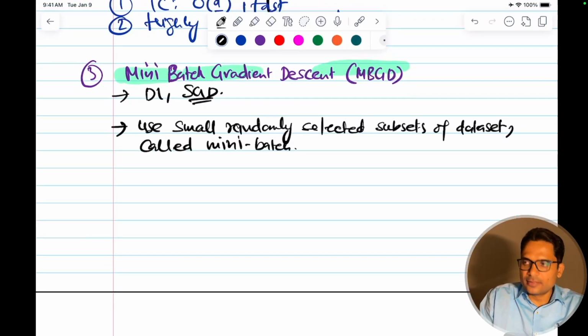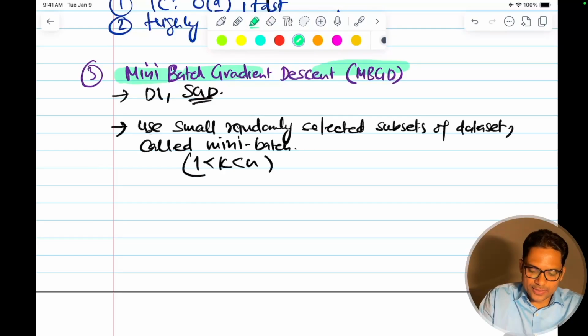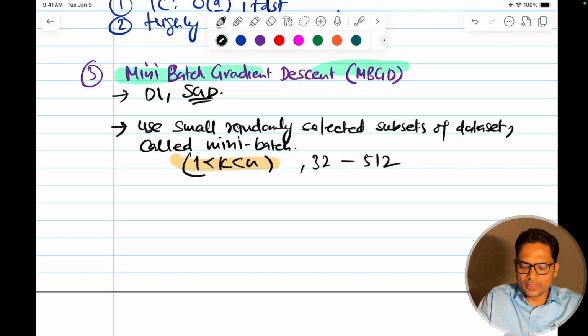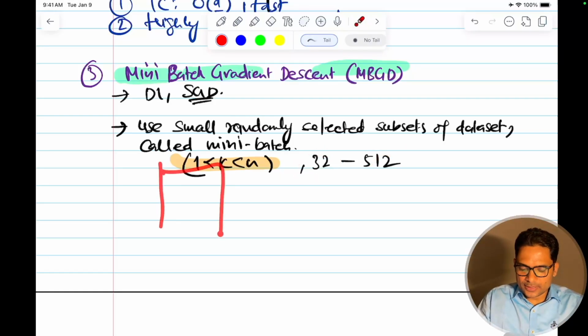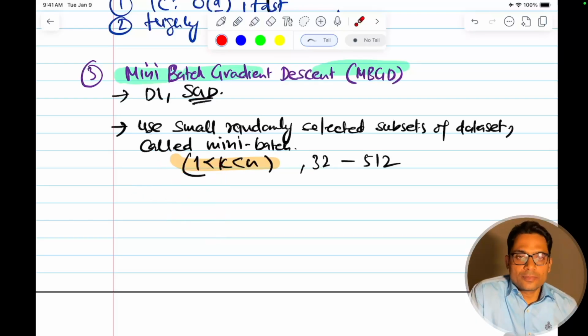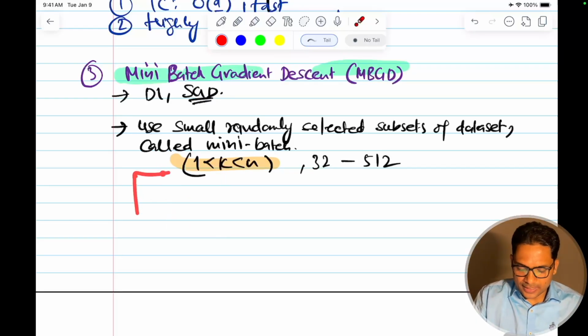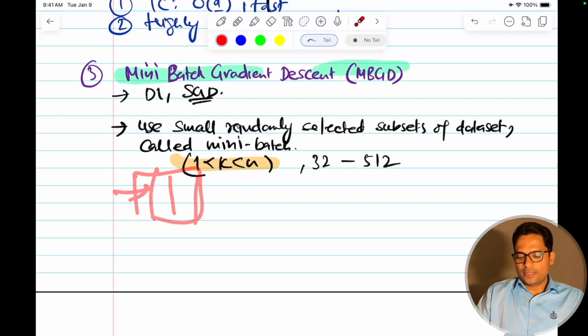And here the size is k, which is greater than 1 but less than n. Generally the size ranges from 32 to 512, and it will be a power of 2 mostly, because all these batches are matrices, meaning the data points are matrices or vectors of some form.